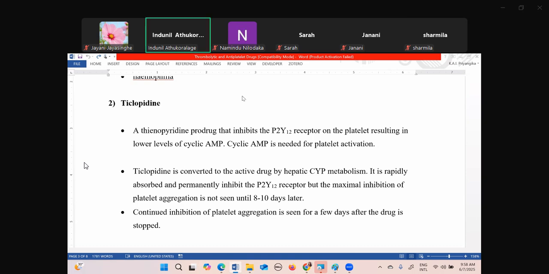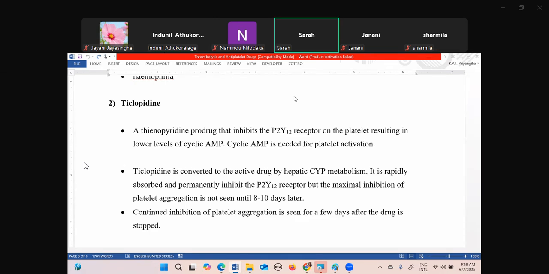Yeah, irreversible inhibition of what? Sarah, can you tell that again? Inhibition of P2Y12 receptor. Okay, where is the P2Y12 receptor situated? In the platelets. Platelets, right? So the ticlopidine will inhibit the P2Y12 receptor, and by inhibiting that, what will happen?